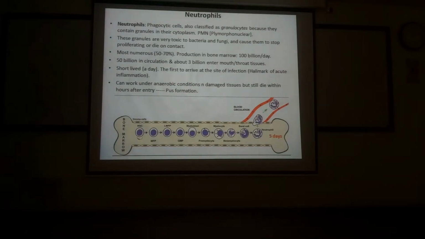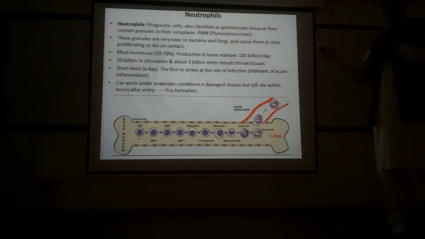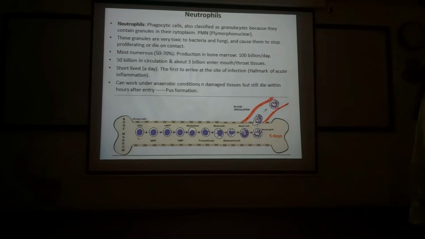Normally its lifespan is like this, and they are the first to arrive at the site of infection, which is the hallmark of acute inflammation, as I told you. Acute inflammation and chronic inflammation are two different conditions. Acute inflammation has its own hallmarks, its own certain molecules and cells that are involved, and you can differentiate between them.